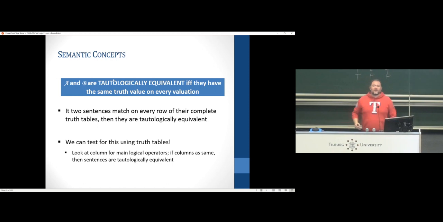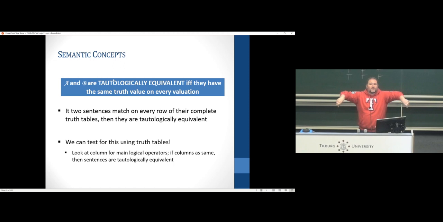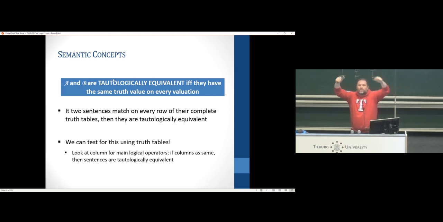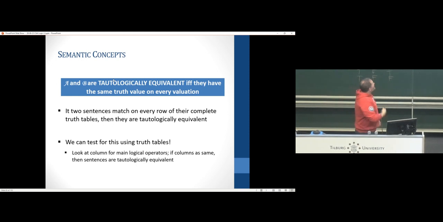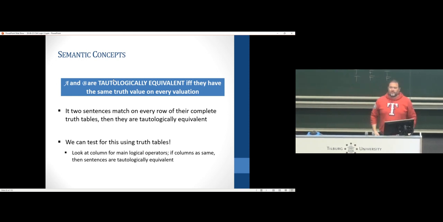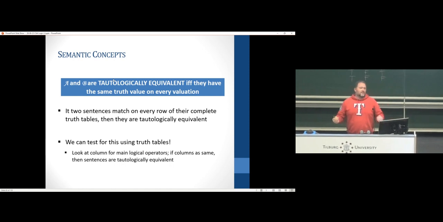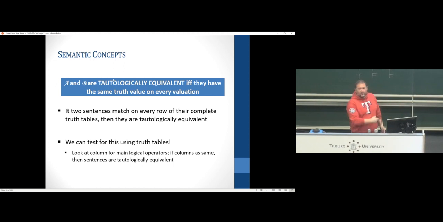Note, this doesn't mean that they're always true or they're always false. It's just that whenever one's got true, so does the other, and vice versa. They line up in every valuation. Thinking about it in terms of our tables, if two sentences match up perfectly on every row of our table, then they're tautologically equivalent.